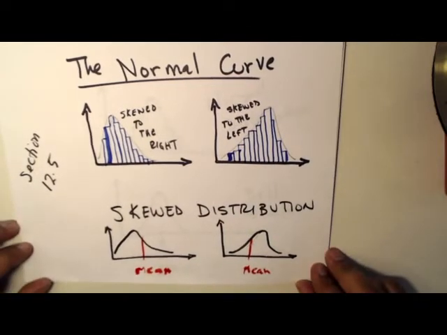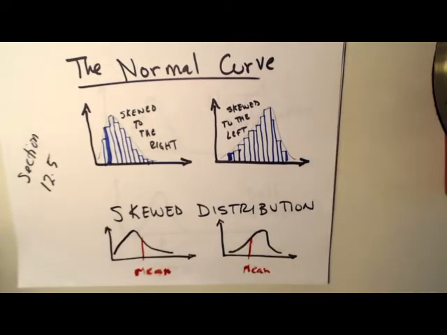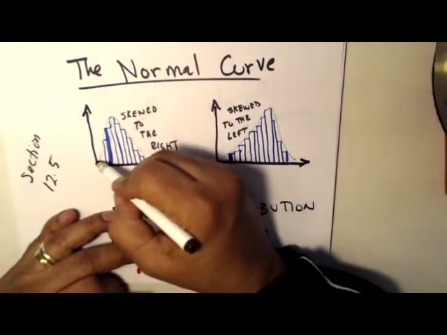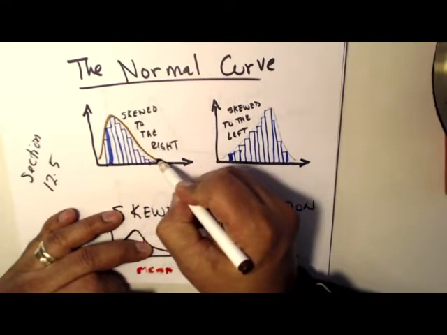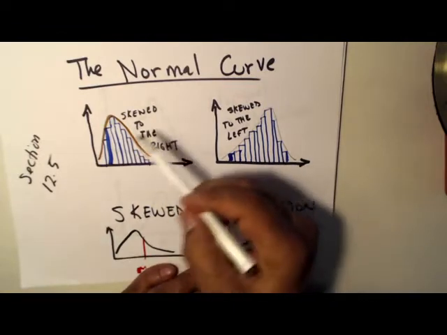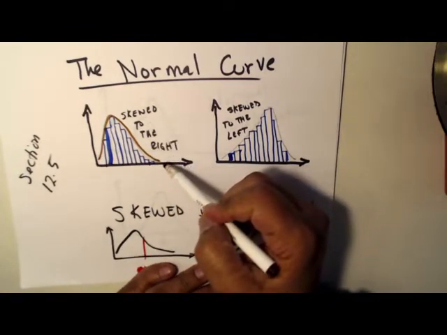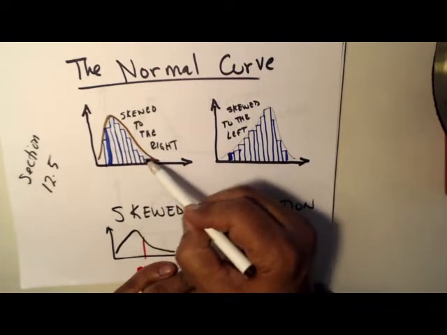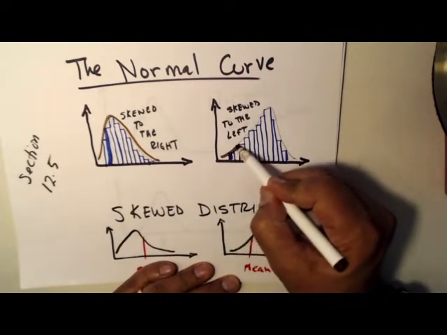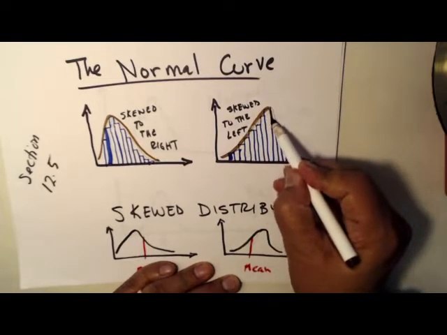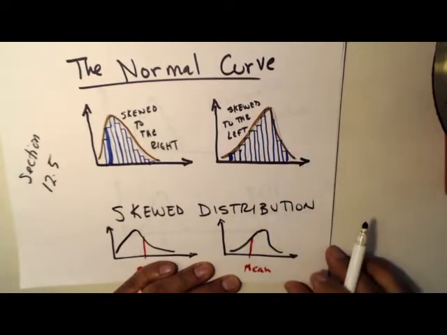and if you were to smooth these curves, you will get something like this, right? And this is skewed to the right. The numbers are decaying toward the right here. The small numbers are to the left, and then they go like that, right?